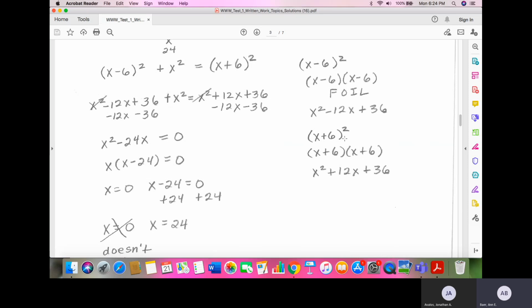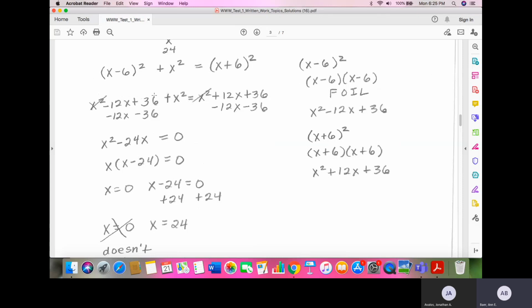Similarly, we can take x plus 6 squared over here. It's 2 of the x plus 6's multiplied together. FOIL of this, we get x squared plus 6x plus 6x, which is plus 12x, plus 36. So we take this out and put in this right here.